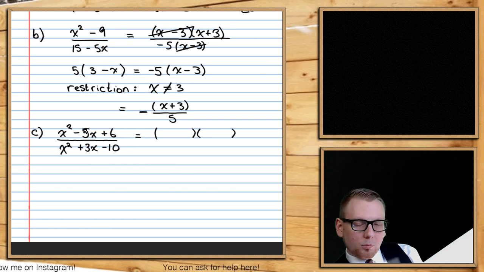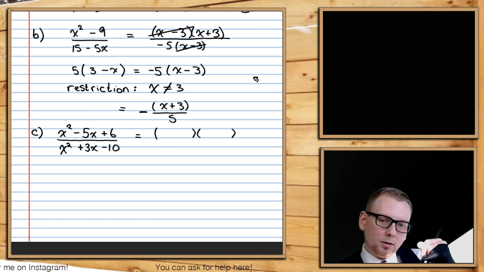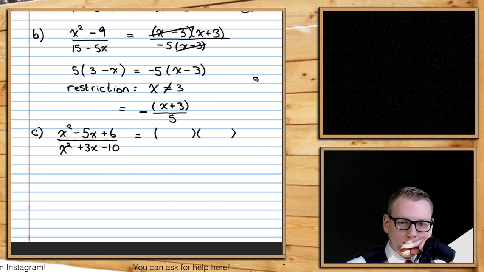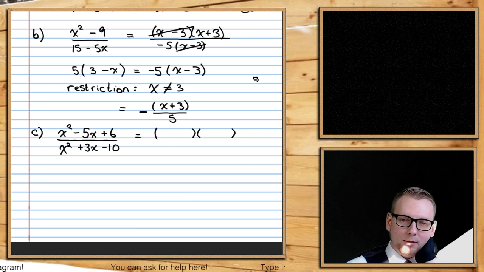Yeah. So write it out. What is it going to be in factored form? Like with the parentheses and the variables, everything. Write it out for me.